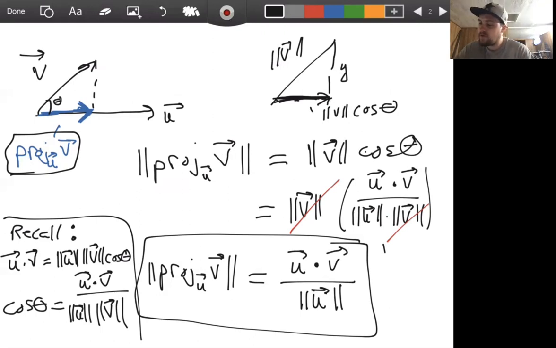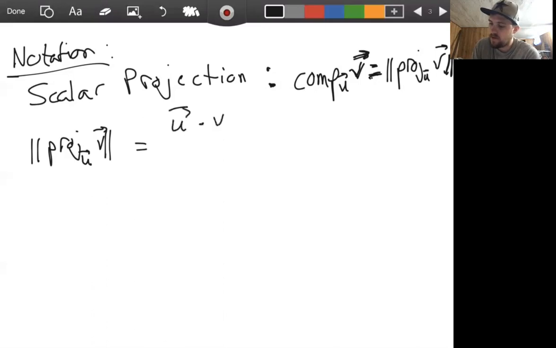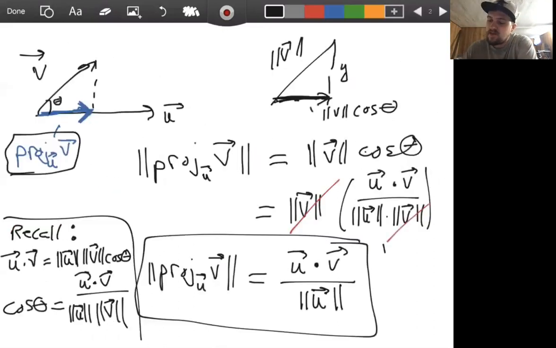And so what we want to do is, if we have that the magnitude of the projection vector is equal to u dot v over the magnitude of u, how do we obtain a vector that represents this in the direction of u?